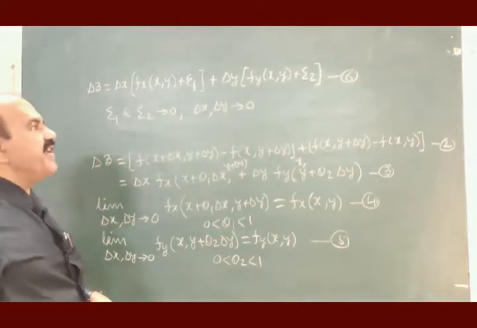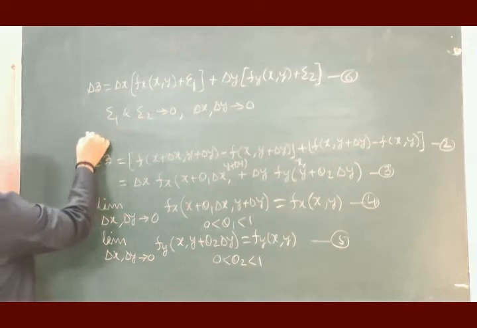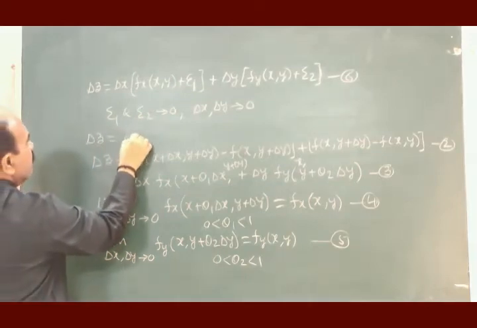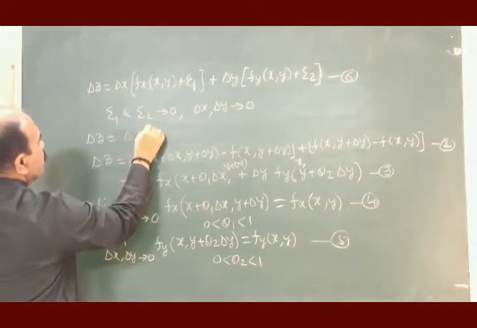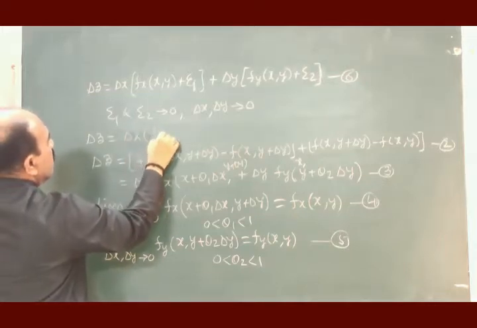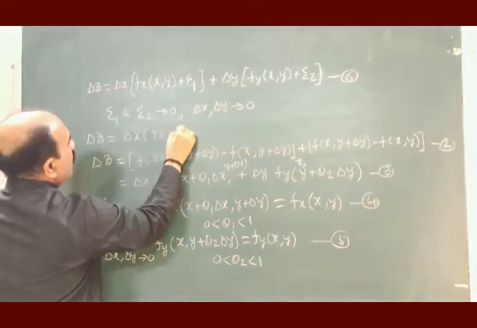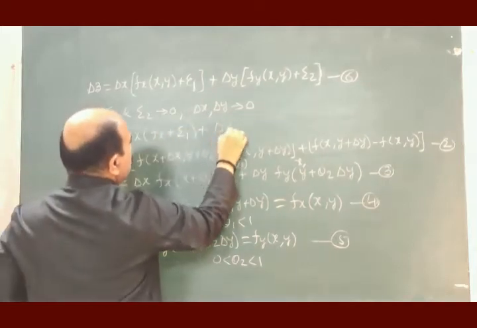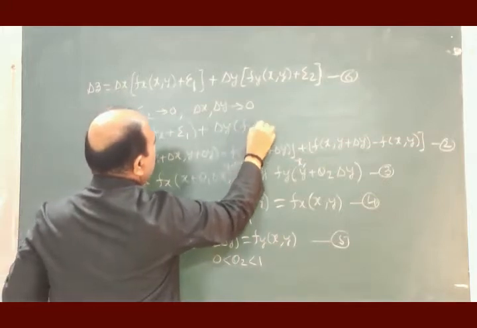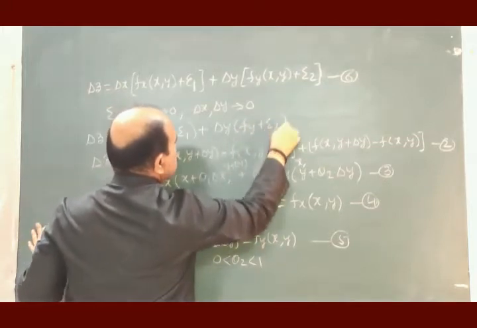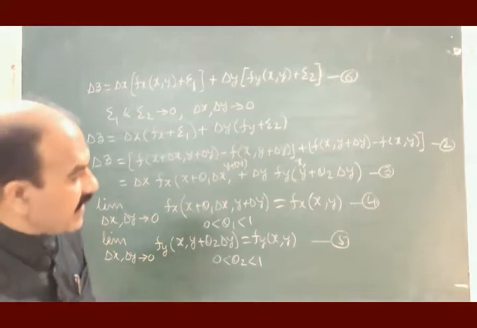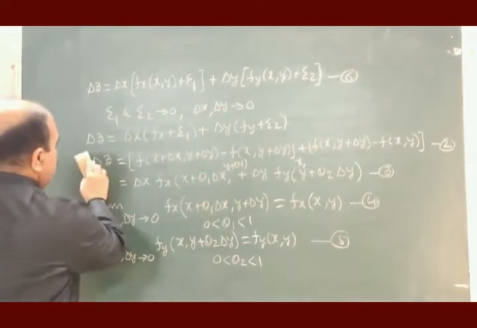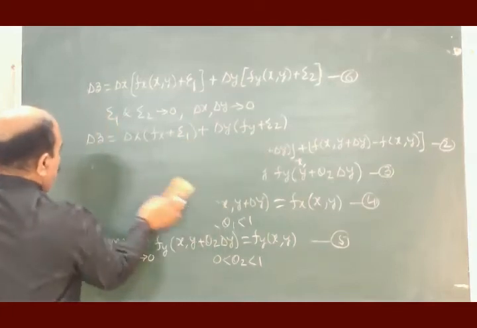After suppressing the point (x, y), equation 6 can further be written as delta z is equal to delta x into fx plus sigma 1, plus delta y into fy plus sigma 2.